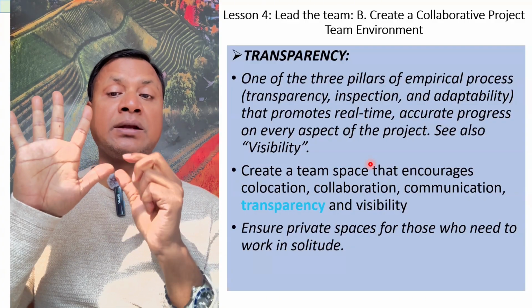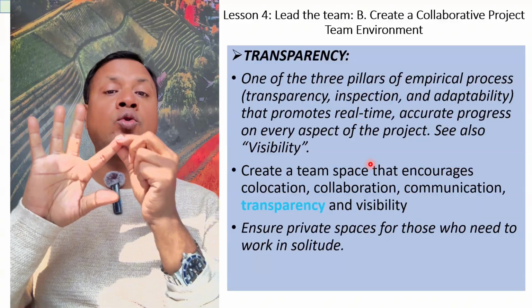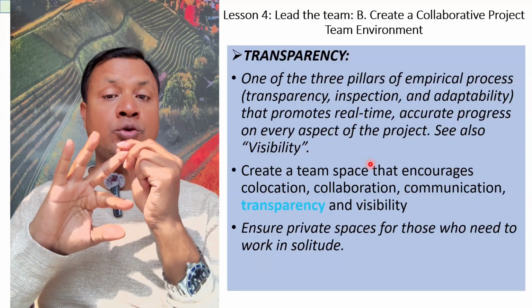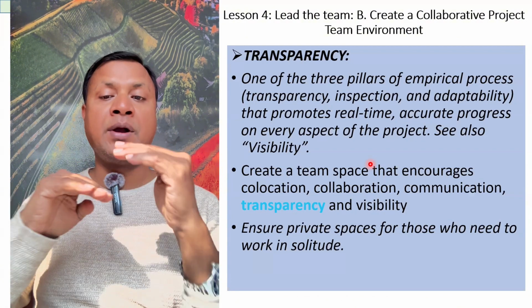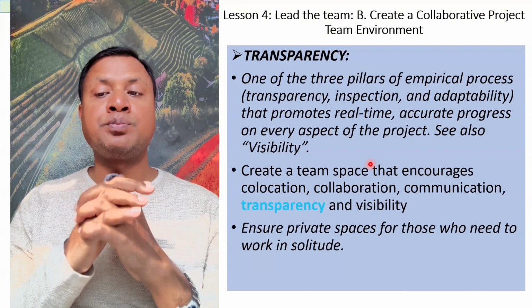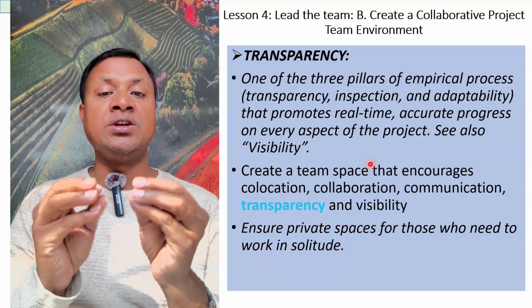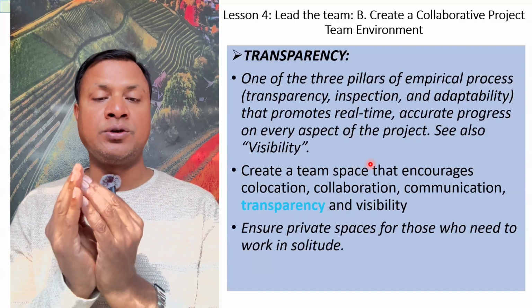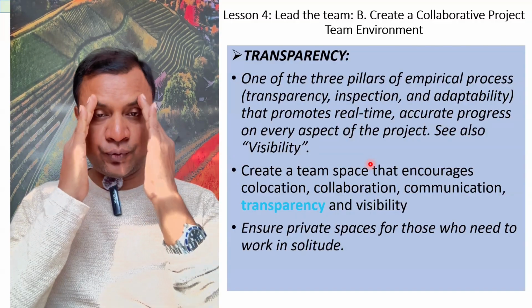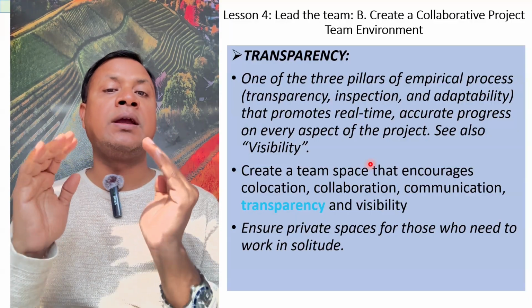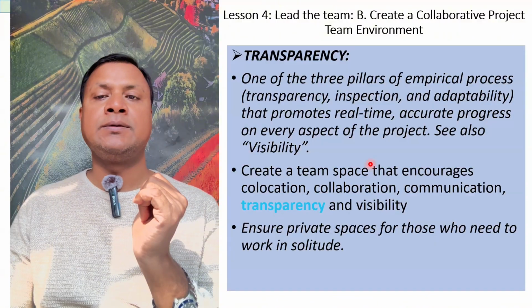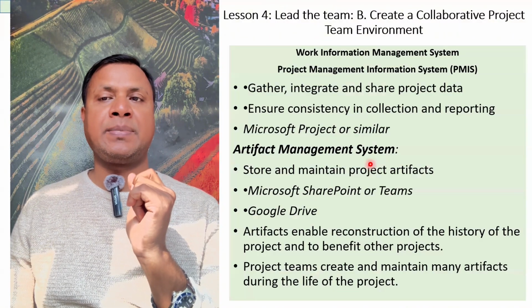There are 5 aspects. Co-location is important, collaboration is important, communication is important, and transparency and visibility among the team members. And ensure private space for those who need to work in solitude. If one is very much focused on his work, give him some space so that he can work alone with a sound mind without any disturbance.